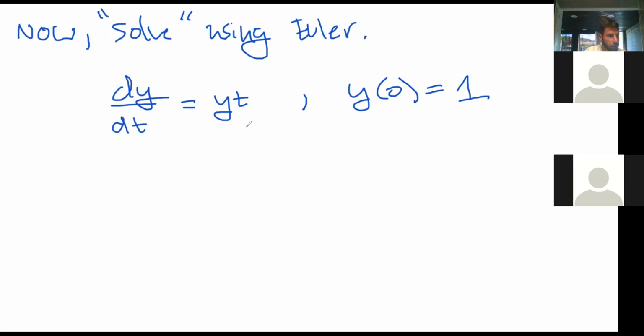I'm going to call this thing f of y comma t, because it's an expression that depends on y and on t. It's real useful to give it a name. Does anybody have a question about this?